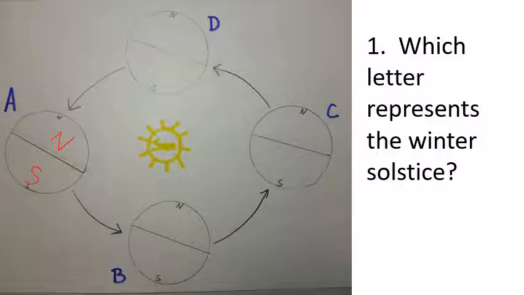So winter solstice means when we are pointing away from the sun. You can see here, we're pointing towards the sun here, and over here we're kind of pointing away from the sun. So the point where we're pointing most away from the sun is the winter solstice. That's the day we start winter, and that would be letter C.